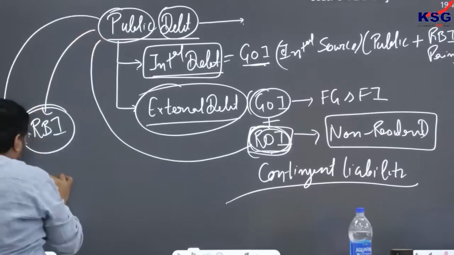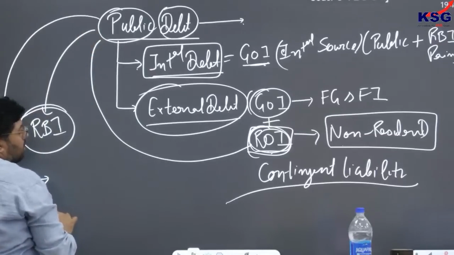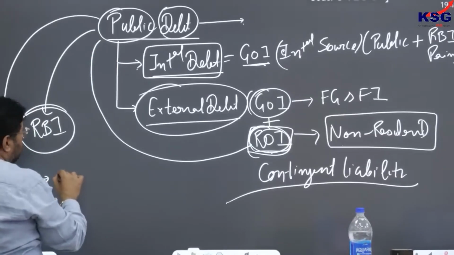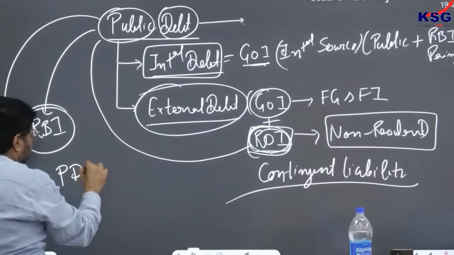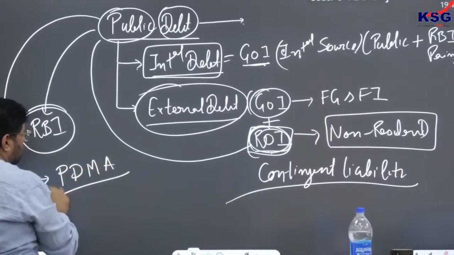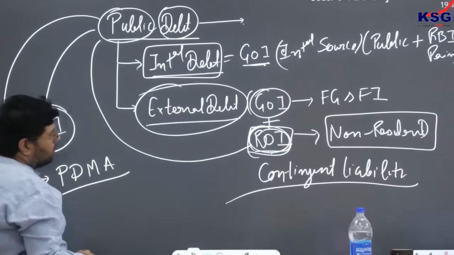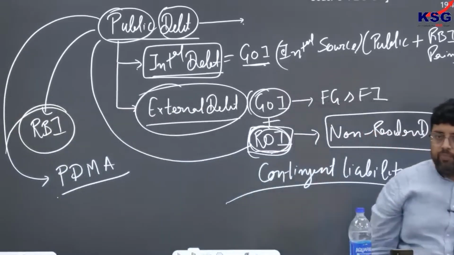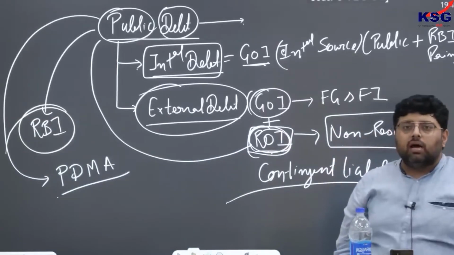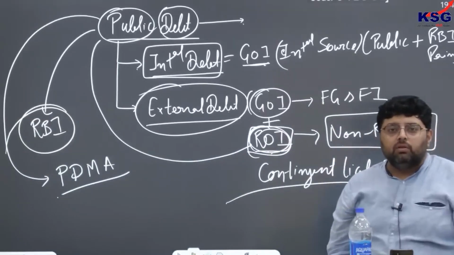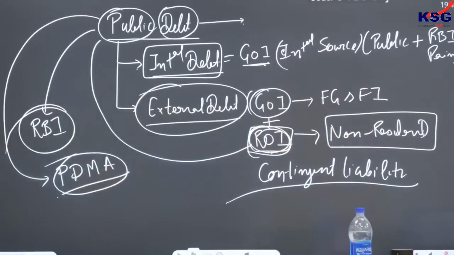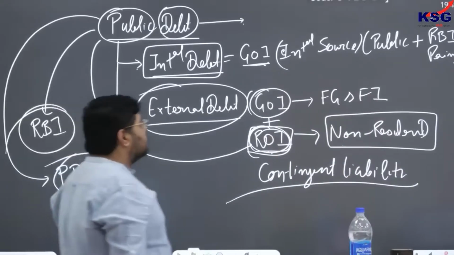There was a debate also that this task should be given from the RBI to a special body known as the Public Debt Management Authority. But the government formed this authority, yet this task is still with the RBI. Why? Because the RBI is a statutory body, made by the RBI Act, but the Public Debt Management Authority is not a statutory body; it was set up by executive order.